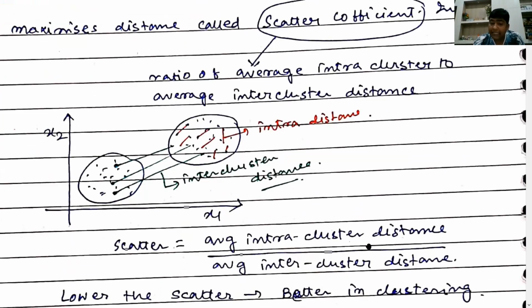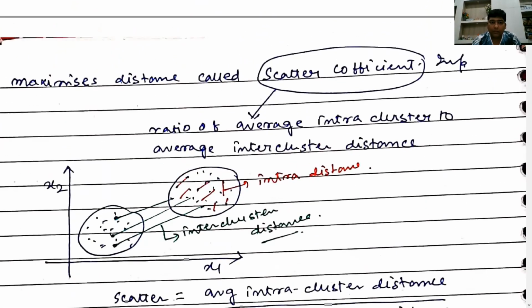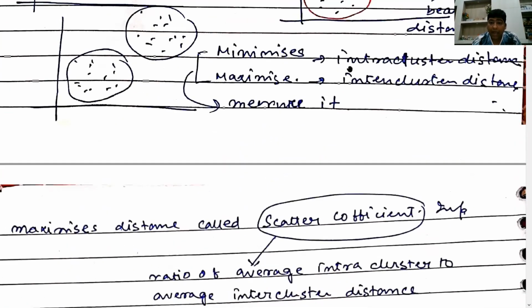So if this scatter value is very low, what does this mean? This is a better clustering. If the scatter value is lower, then it is a better clustering, because the average intercluster distance should be maximized and the average intracluster distance should be minimized.